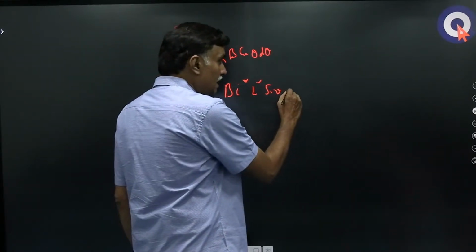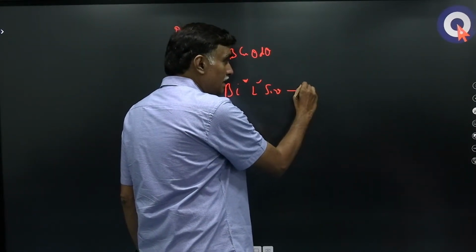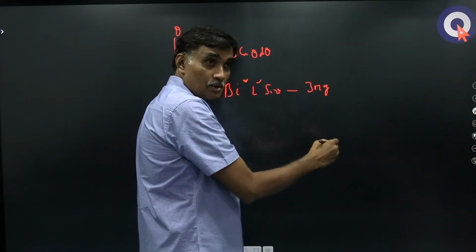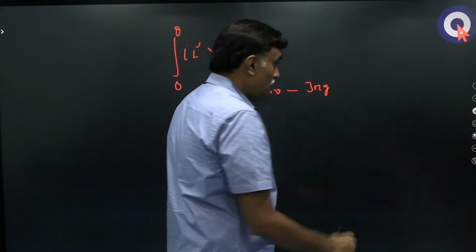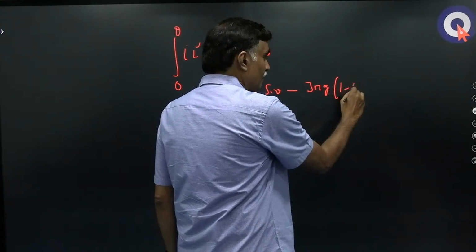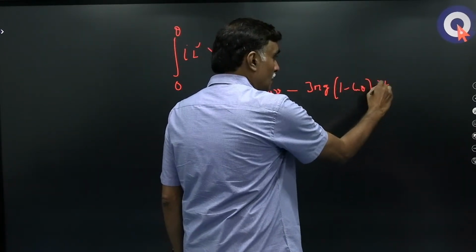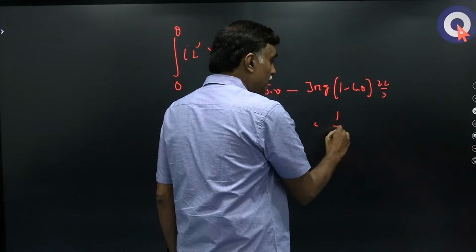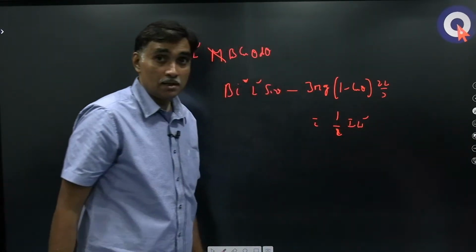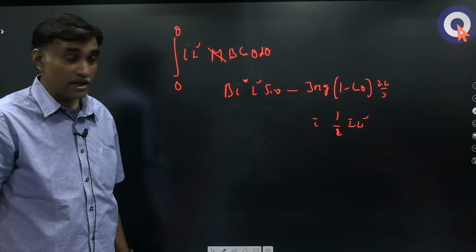What is work done by gravity? Its total mass is 3m, and the center of mass is raised by 2L by 3 into 1 minus cos theta, equal to half I omega square. That's it. Then you can find omega, the maximum angular velocity.